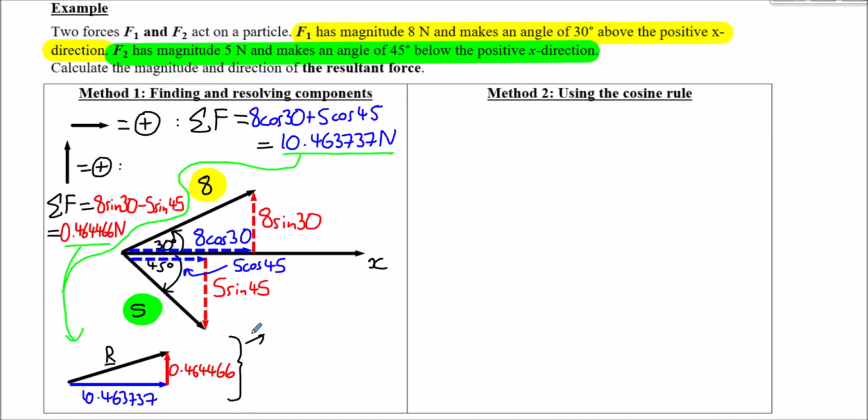Therefore, the magnitude of this resultant force is just, again, Pythagoras, albeit with fairly awkward numbers. So it's going to be 10.46 whatever squared plus 0.46 whatever squared.